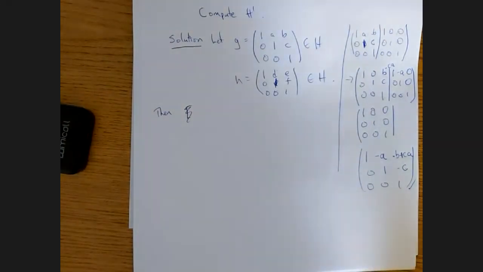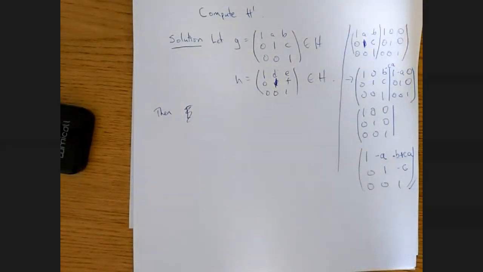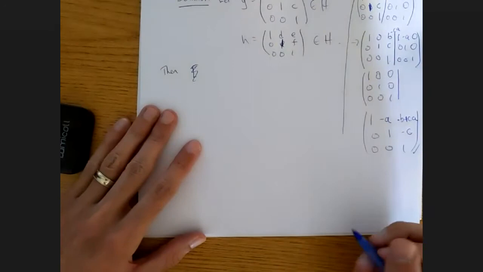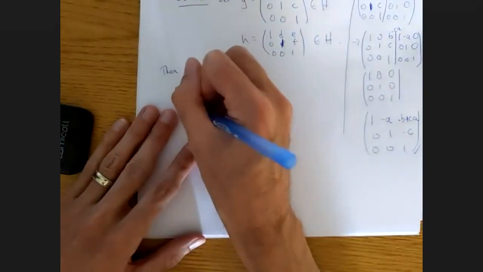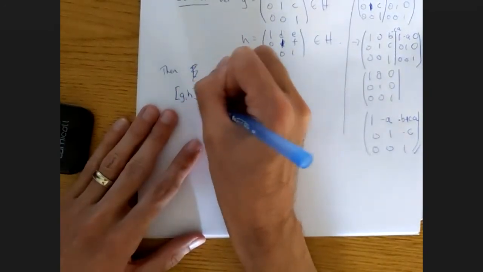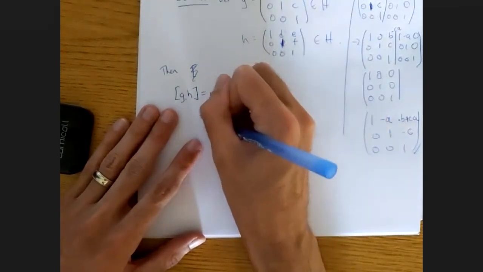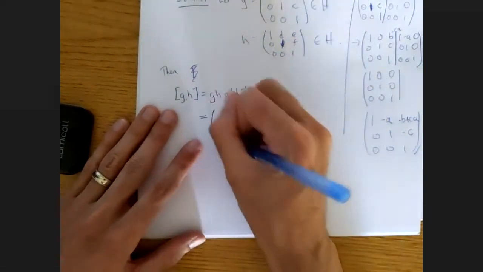So this tells us the formula for the inverse, and now we can compute the commutator of G and H. It's just G H G inverse H inverse, a product of four matrices.